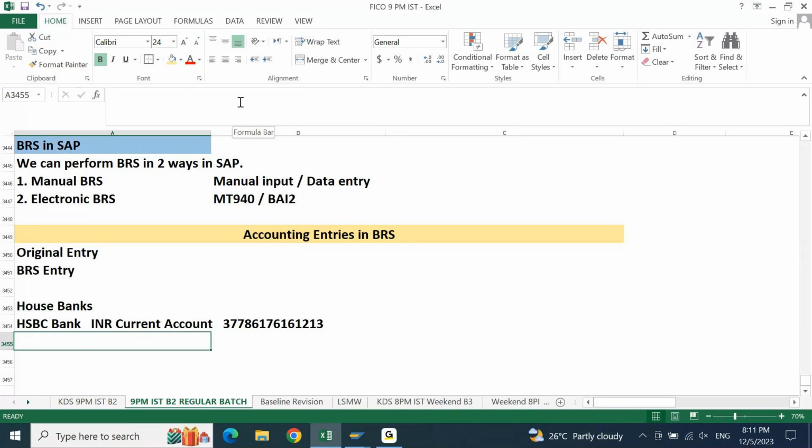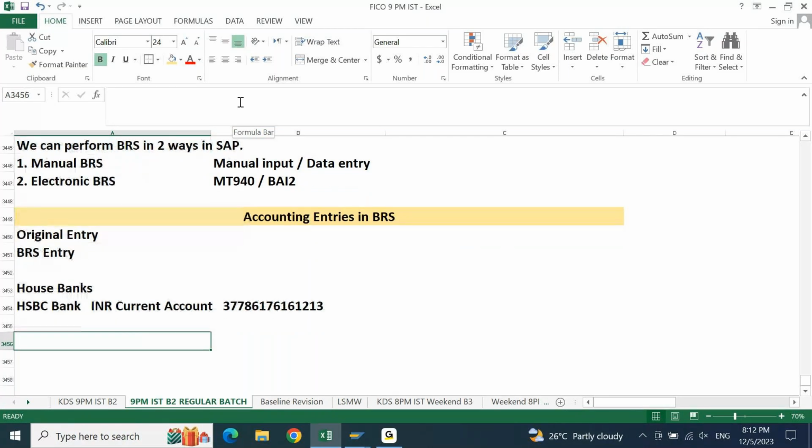Now this is the prerequisite. Before we come to bank reconciliation, BRS, we have to understand how house bank is created and how account ID is created, where we are creating, what points we are considering while creating it. You have to revise once again. Once house bank is created, in house bank we are calling something called GL mapping.